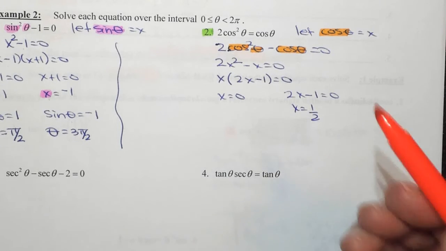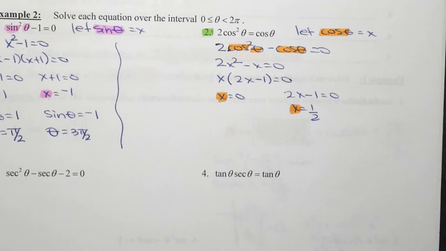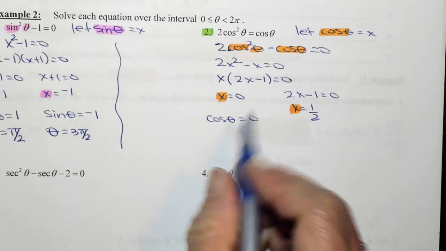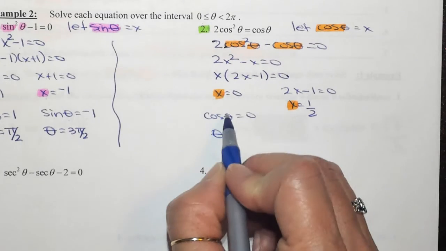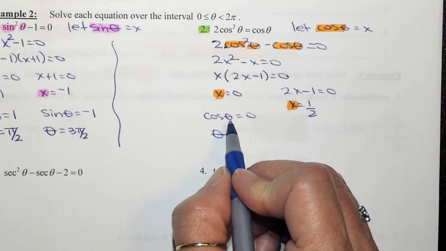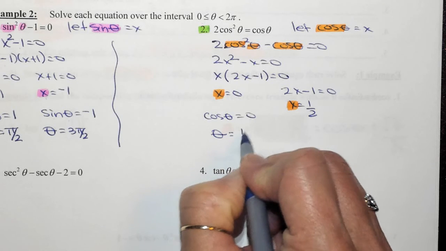Now what we want to do is make our substitution and plug the cosine of theta back in. Cosine theta is equal to 0. You need to ask yourself, on the unit circle from 0 to 2 pi, what angle or angles can I plug in here and get 0? In this case, it's going to be pi over 2 and 3 pi over 2.